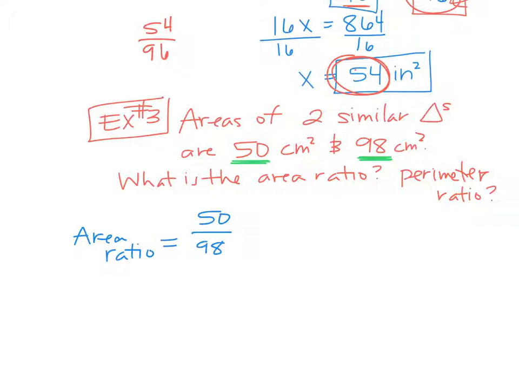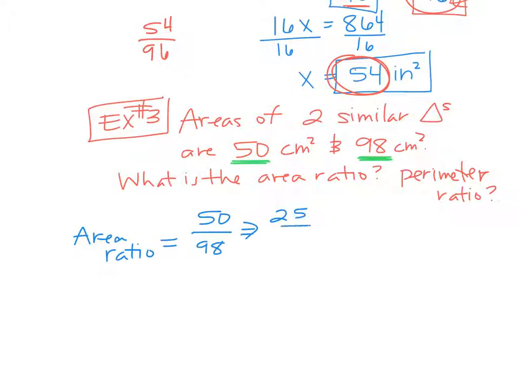I said it at the very beginning, you always have to reduce, right? Okay, so if I divide both of these by 2, what does it reduce to? 50 divided by 2 is what? 25, right?